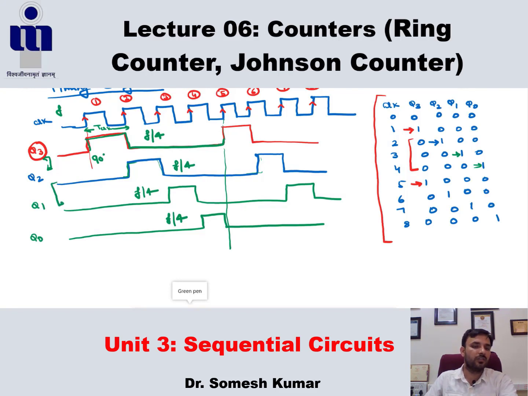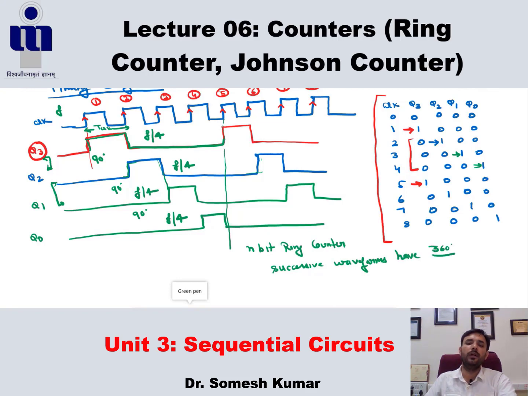Now what is the phase difference between Q2 and Q1? See, this one is only 90 degree difference. Similarly, 90 degree difference. So in the n bit counter or n bit ring counter, successive waveforms have 360 degree upon n phase difference.